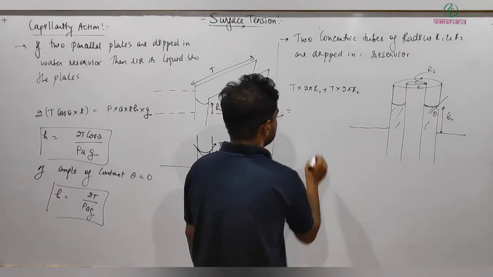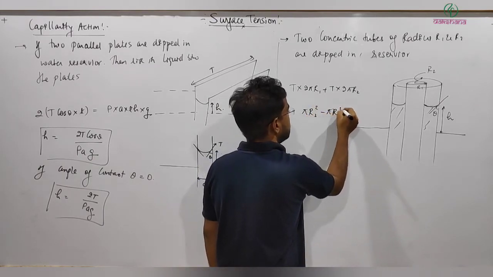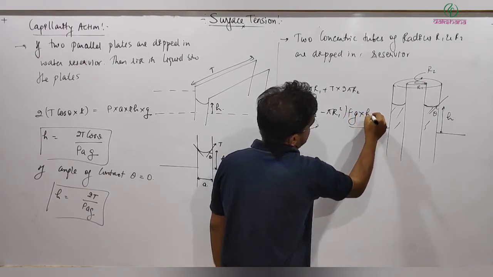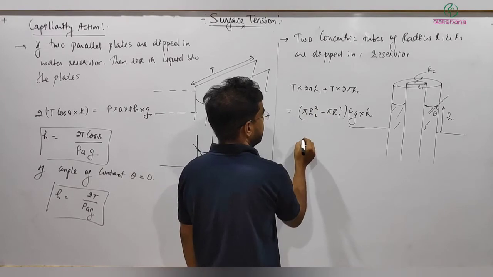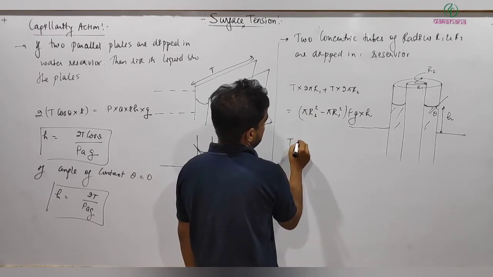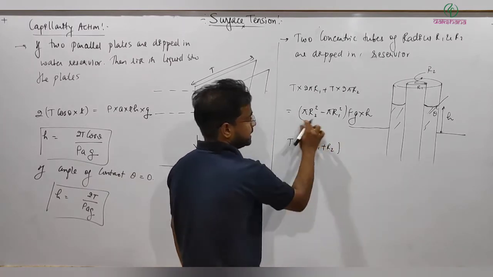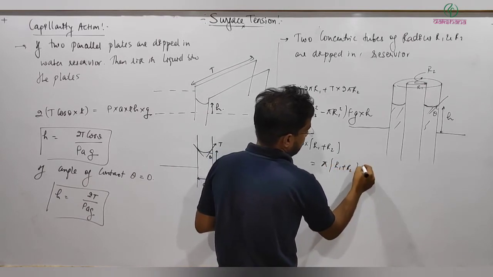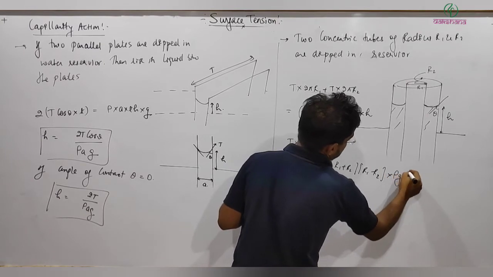The weight of the liquid rising is pi R2 squared minus pi R1 squared, into rho into g into h. Cancelling the pi, this is T into 2 pi, this is R1 plus R2, and this can be written as pi R1 plus R2 into R1 minus R2 into rho g h.